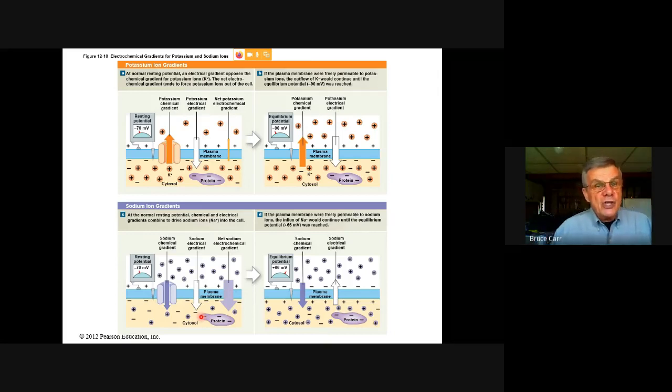Now when it rushes in, potassium is still staying in place except for the slow leak and the sodium-potassium pump. But as sodium rushes in, this millivolt reading, now that we've reached the action potential, is going to become more positive. The needle will swing to the right. That changes the relationship between outside and inside.